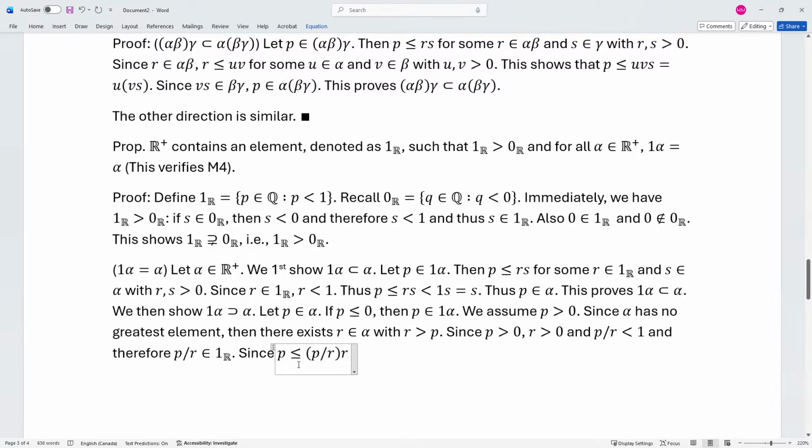So this part comes from 1, this part comes from 1R, and this part comes from alpha. So we're done. P is in 1 times alpha. So this completes the reverse containment. Yeah, this proves the other direction. Perfect. Excellent. Thanks a lot.